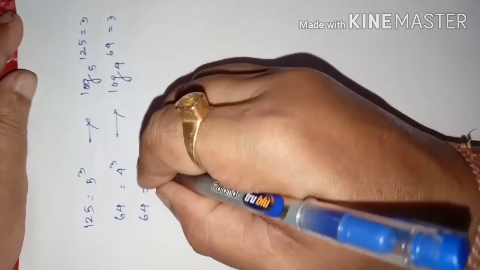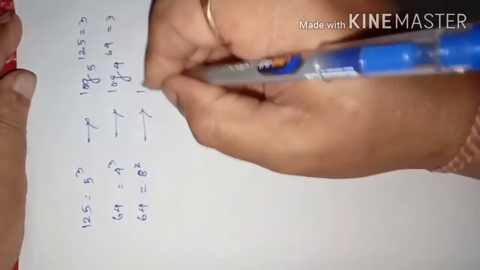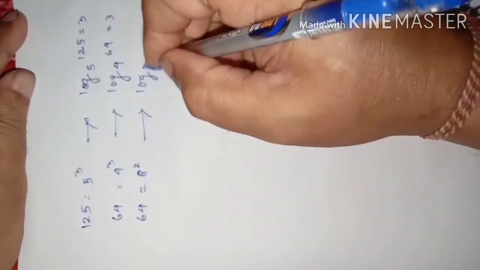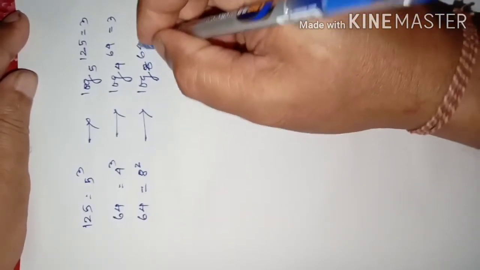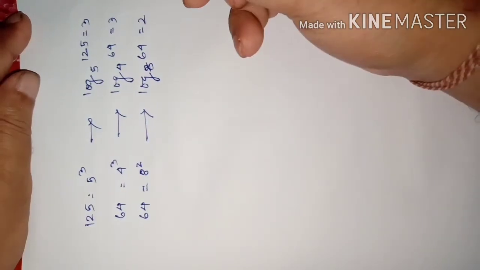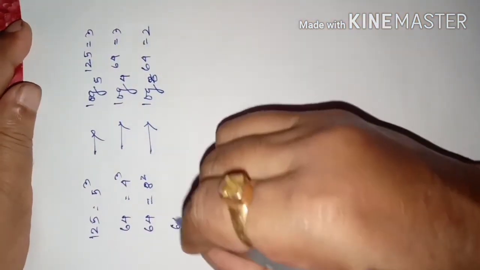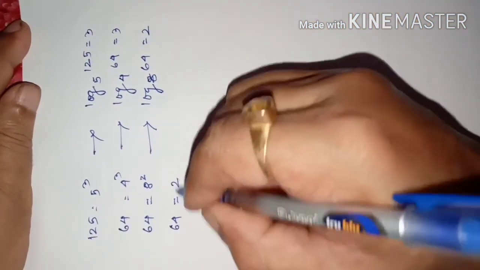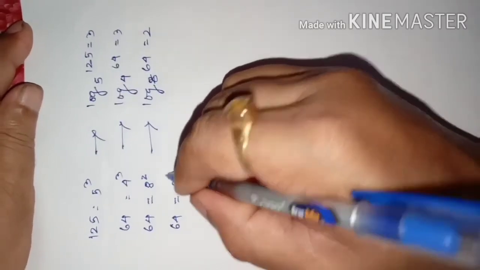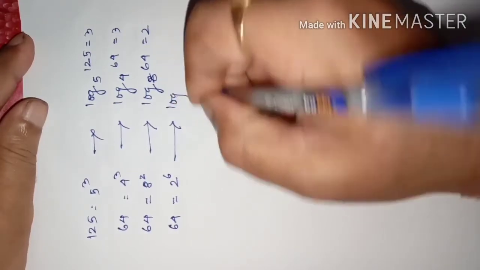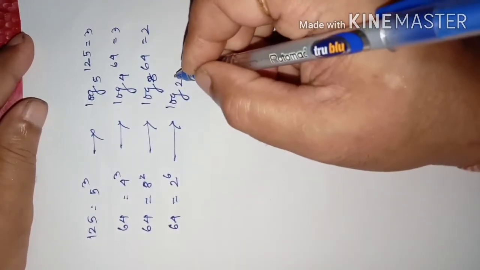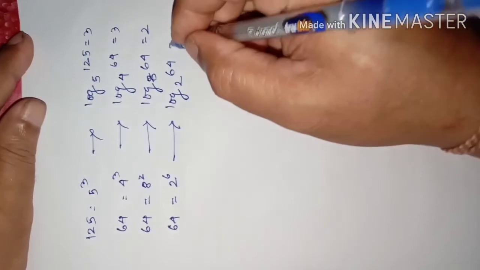Say 64 is equal to 8 square. You can write it as log to the base 8 of 64 is equal to 2. So 64 is equal to 2 to the power of 6, which can be written as log to the base 2 of 64 is equal to 6.